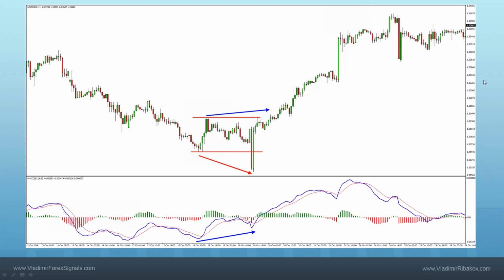Why? Because the MACD here is higher than here. Therefore, this is just a principle, which is good enough, don't get me wrong, but it is a principle. MACD does not show the higher highs confirmation as well.